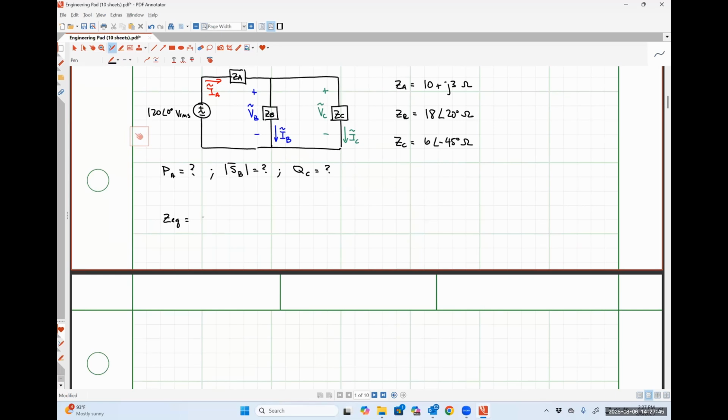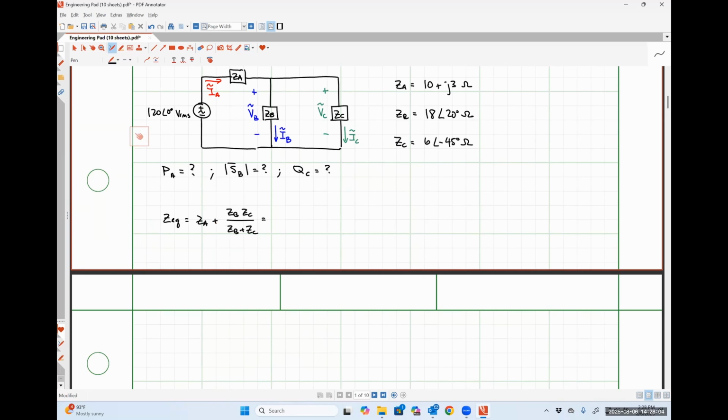To me, ZEQ for this guy looks like ZA plus ZB in parallel with ZC. So that's going to be ZB times ZC over ZB plus ZC. And I'm just going to throw that into my calculator really quickly.